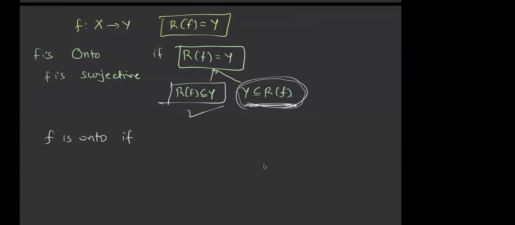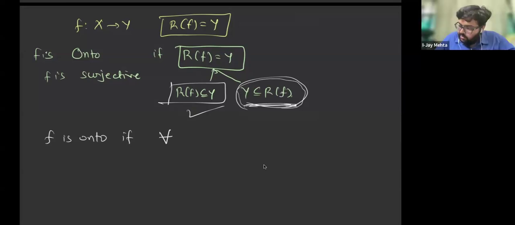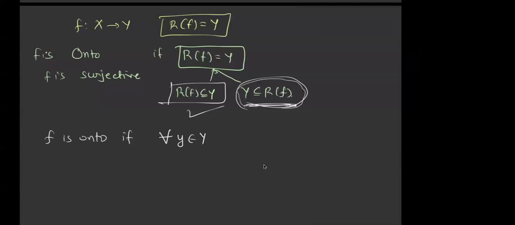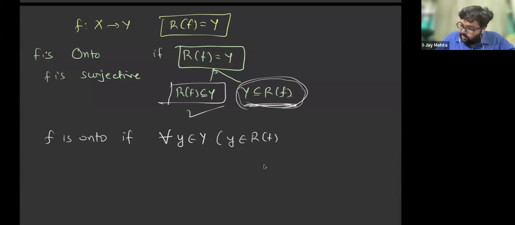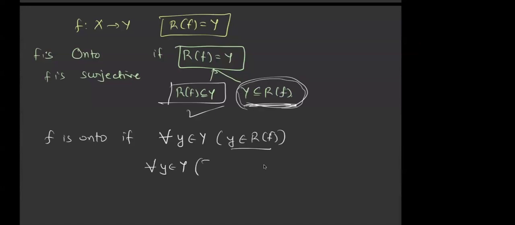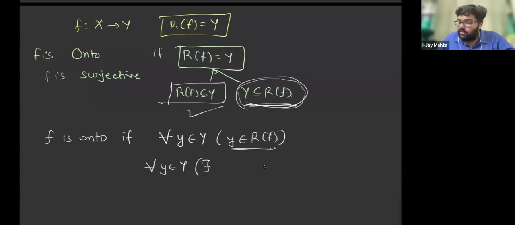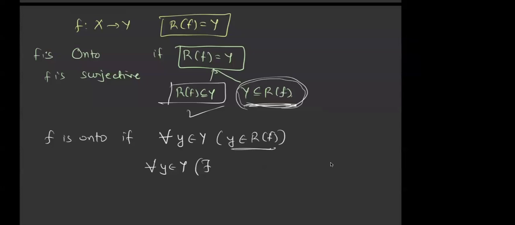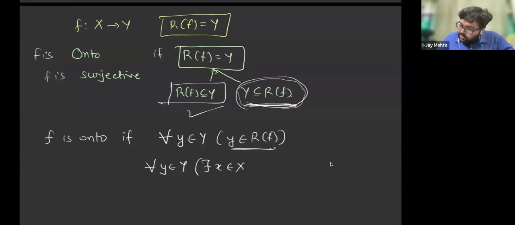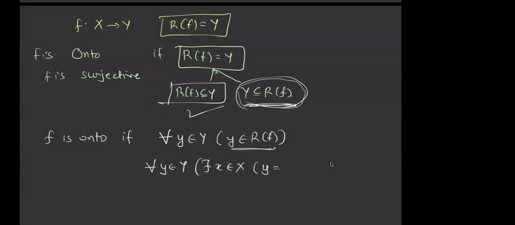For any given y in y, y is in the range of f. What does it mean by saying y is in the range of f? There exists x in x such that y equals f of x. Good, thank you.